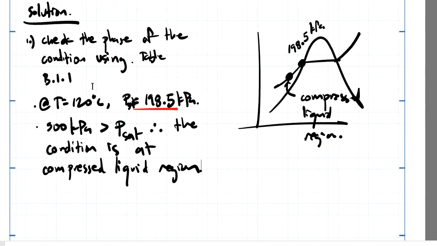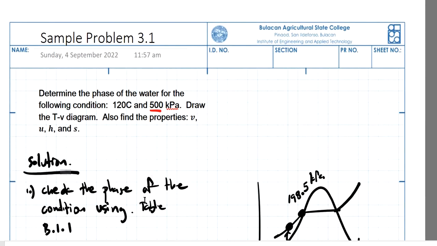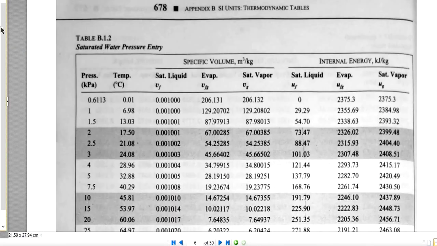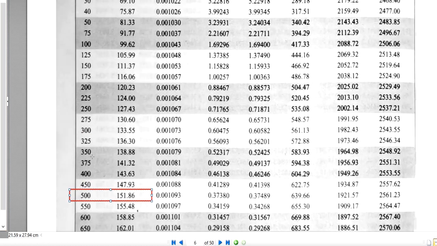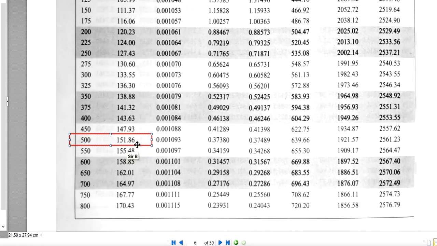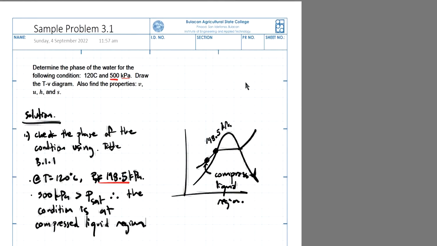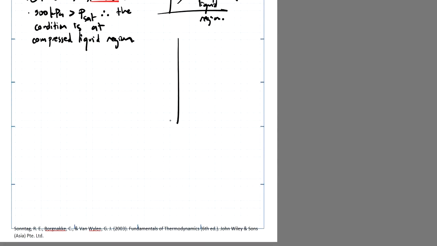Okay, so if we check B.1.2 using 500 kPa, so let's do that. So 500 kPa, and the saturation temperature is 151.86. The temperature that's given is 120. If we use this data, it's actually the same thing.